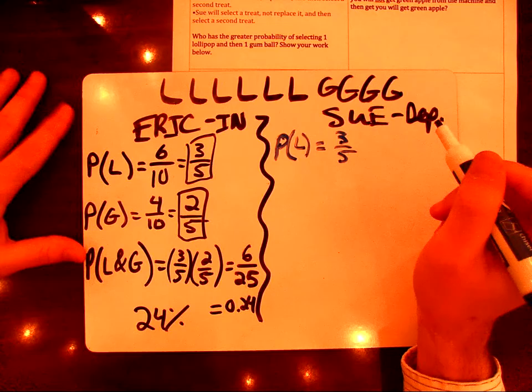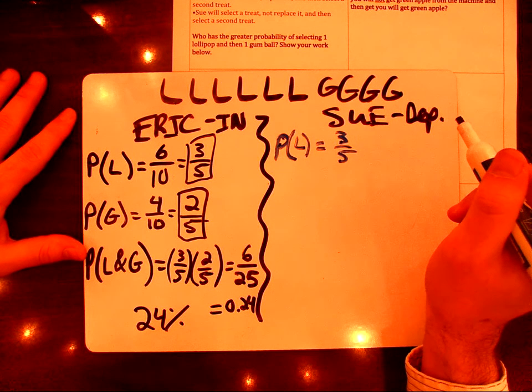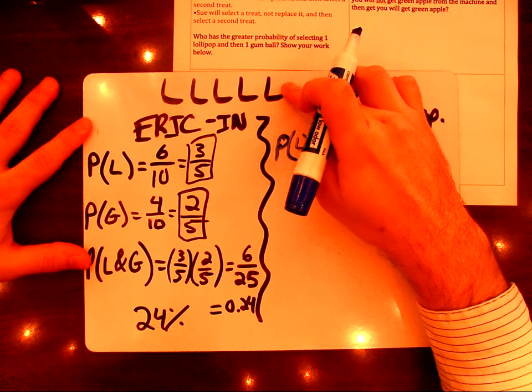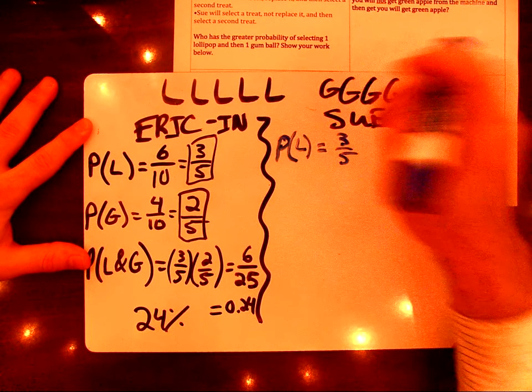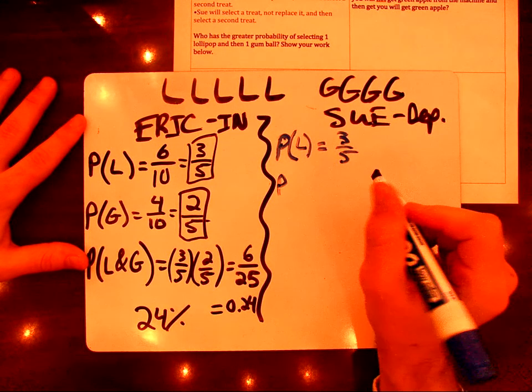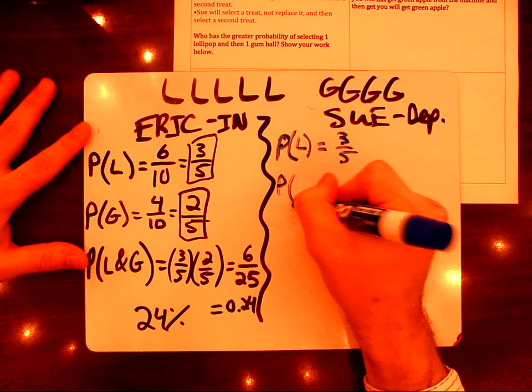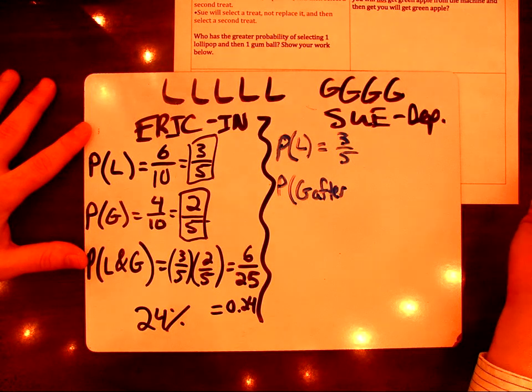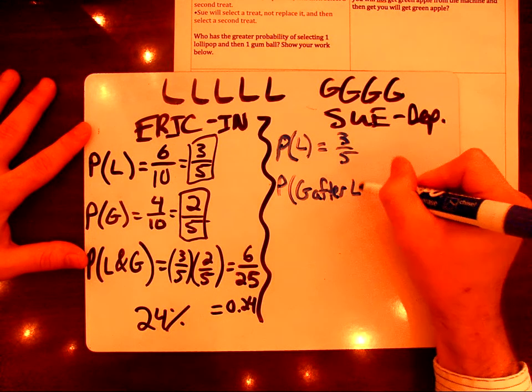However, if she takes that 1 lollipop away, I'm going to erase it because I'm not replacing it. So when I go for the probability of picking a gumball now, it has to be a gumball after a lollipop is taken out.